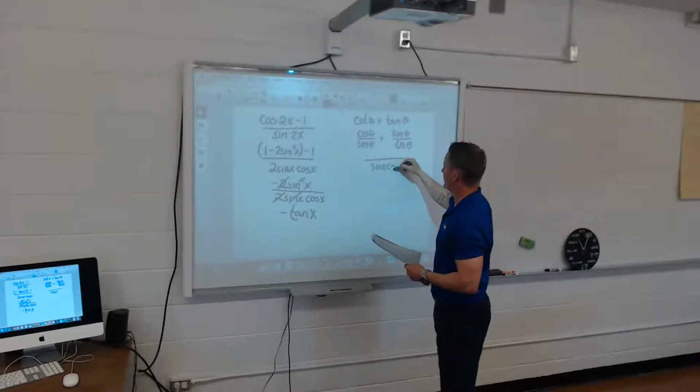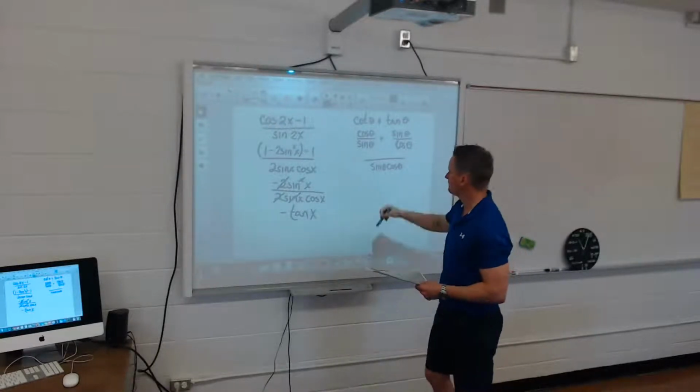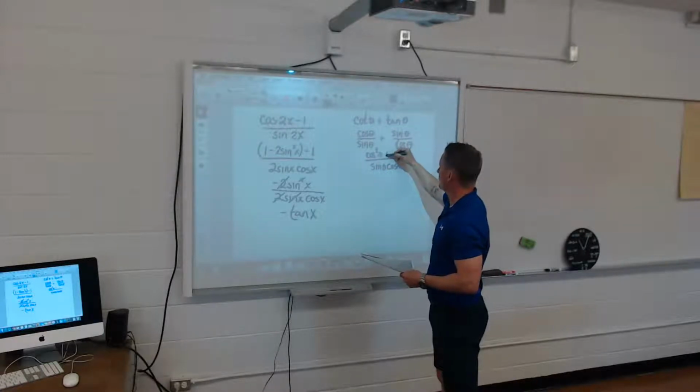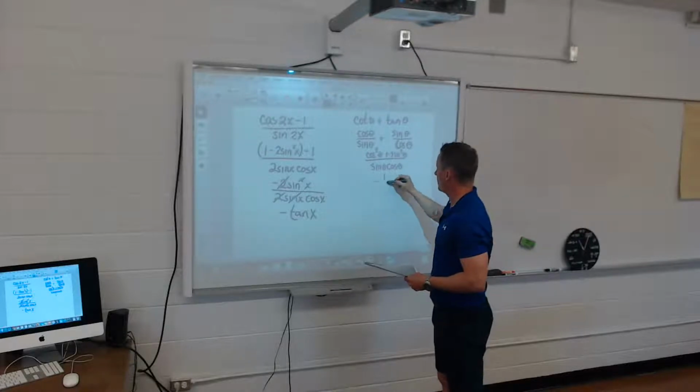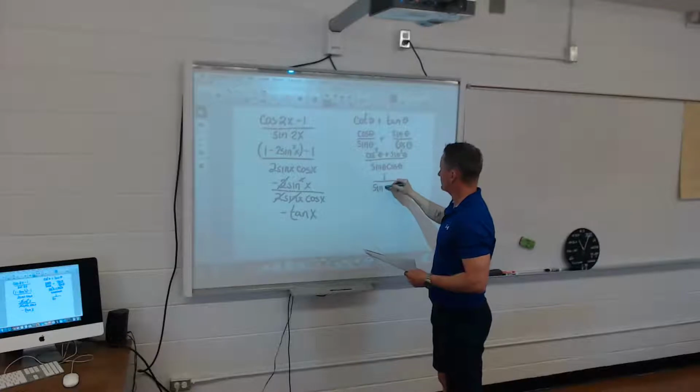Sine theta, cos theta on the bottom would be your common denominator. So that gives me cos squared plus sine squared theta, which is equal to 1 over sine theta cos theta.